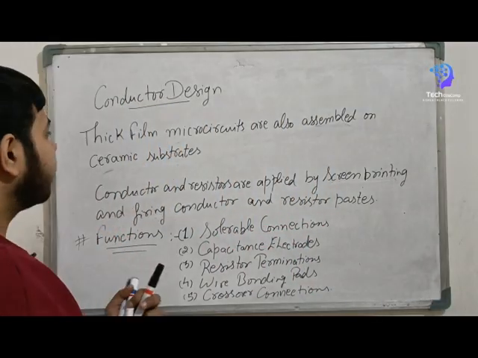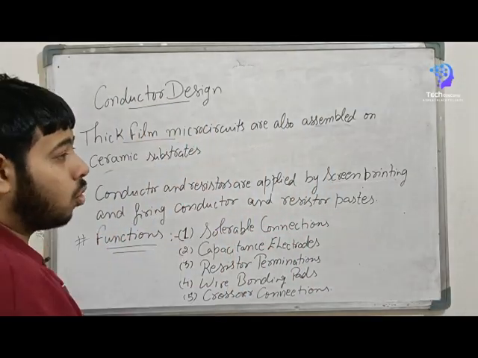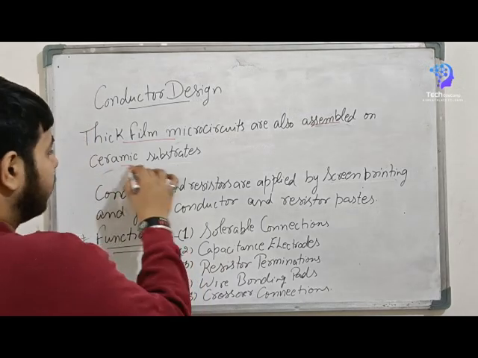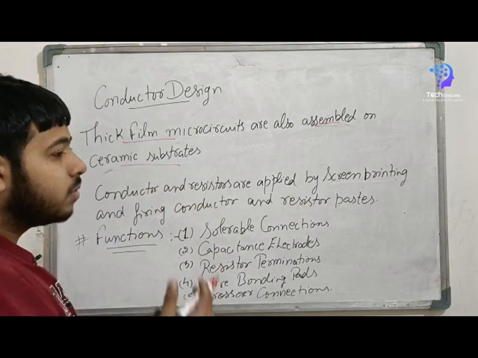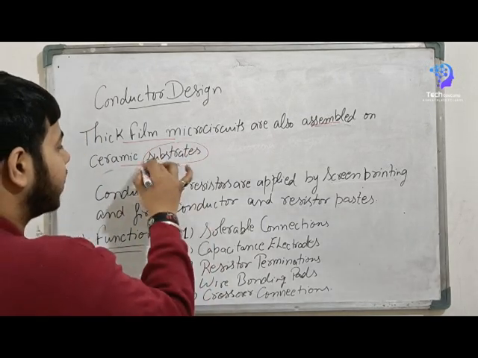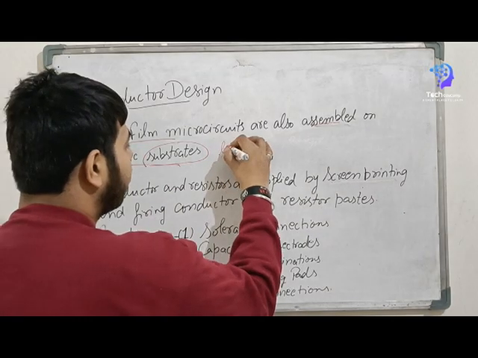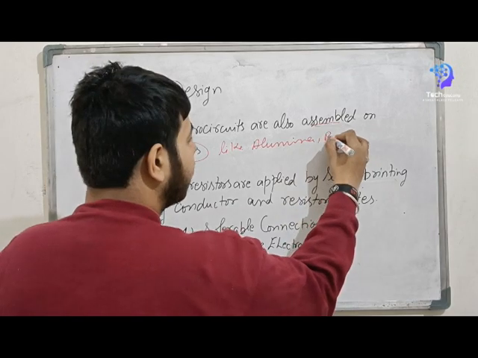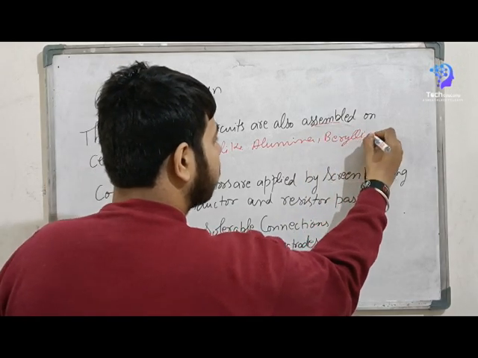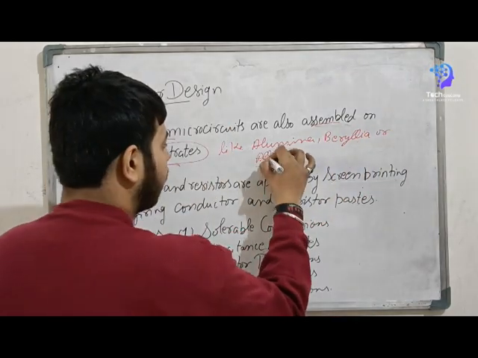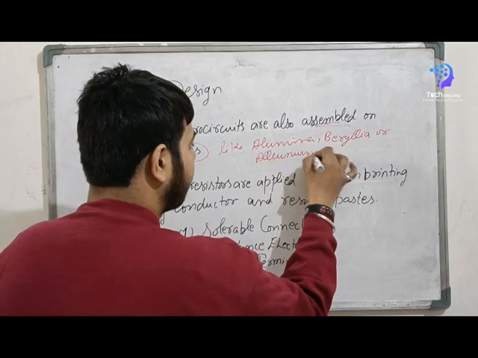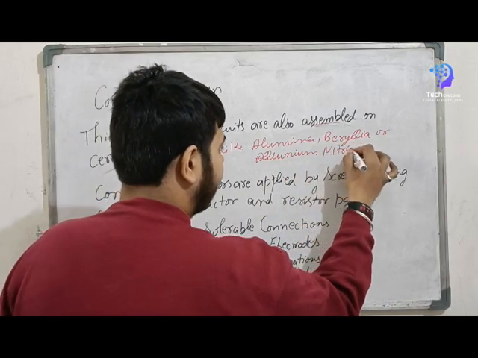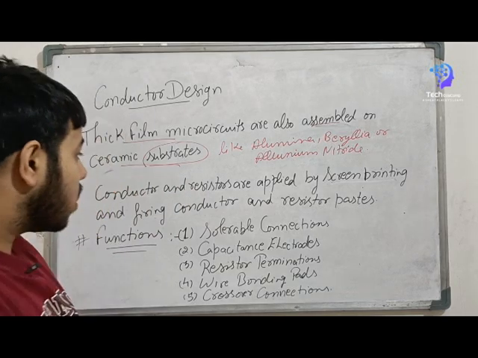These thick film microcircuits are assembled on a ceramic substrate. These substrates can be of any material like alumina, beryllium, or aluminum nitride.